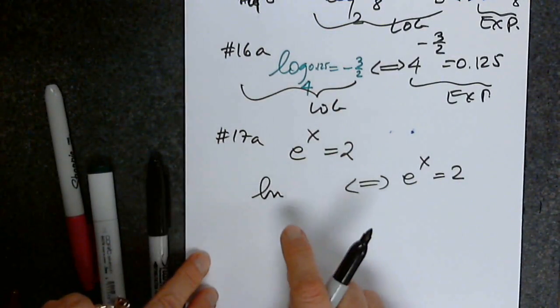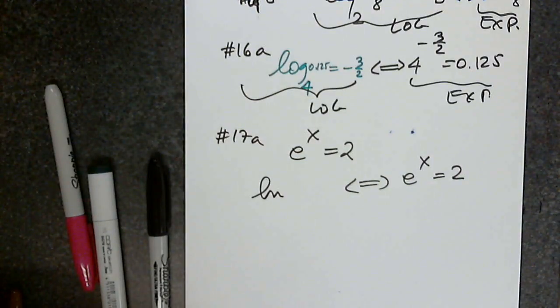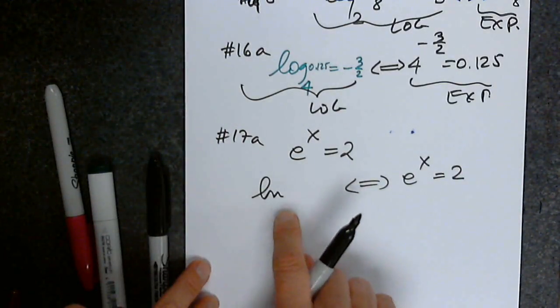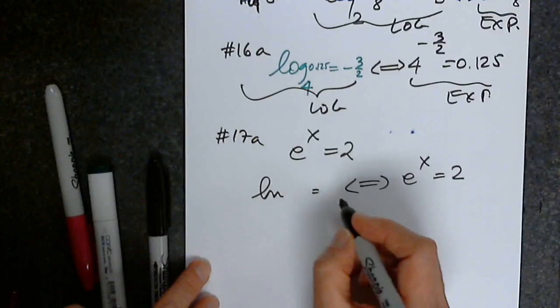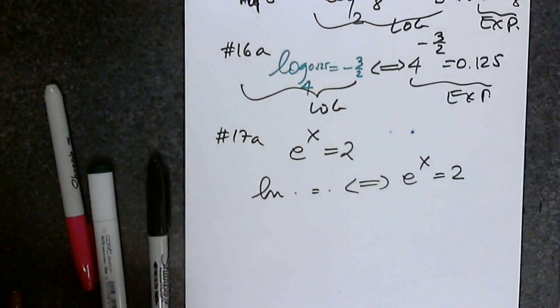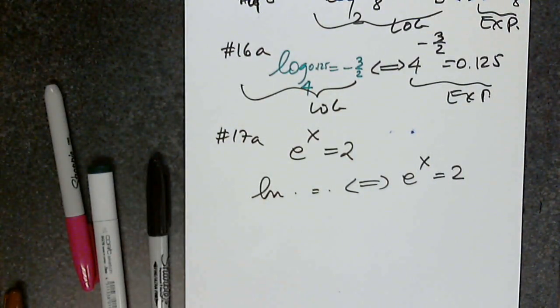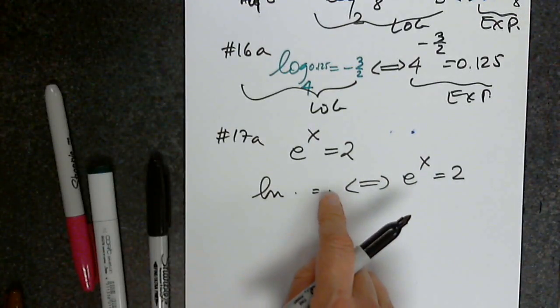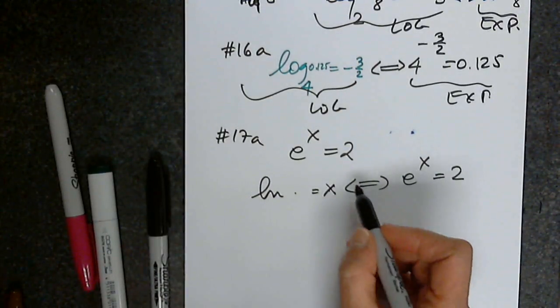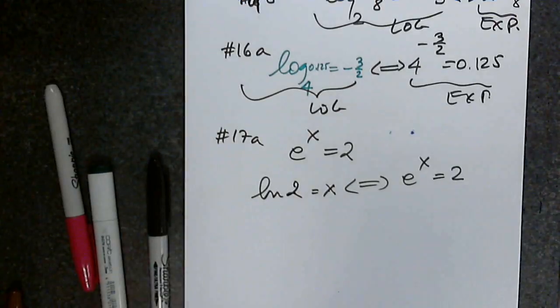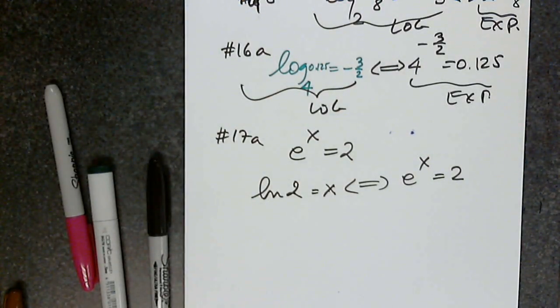And if I write ln, there is no need to write e. So this is log base e, right? So now I need a number here and a number here. What do I raise e to? E raised to, right, equals 2. So I have the exponential equation on the right, the log equation on the left.